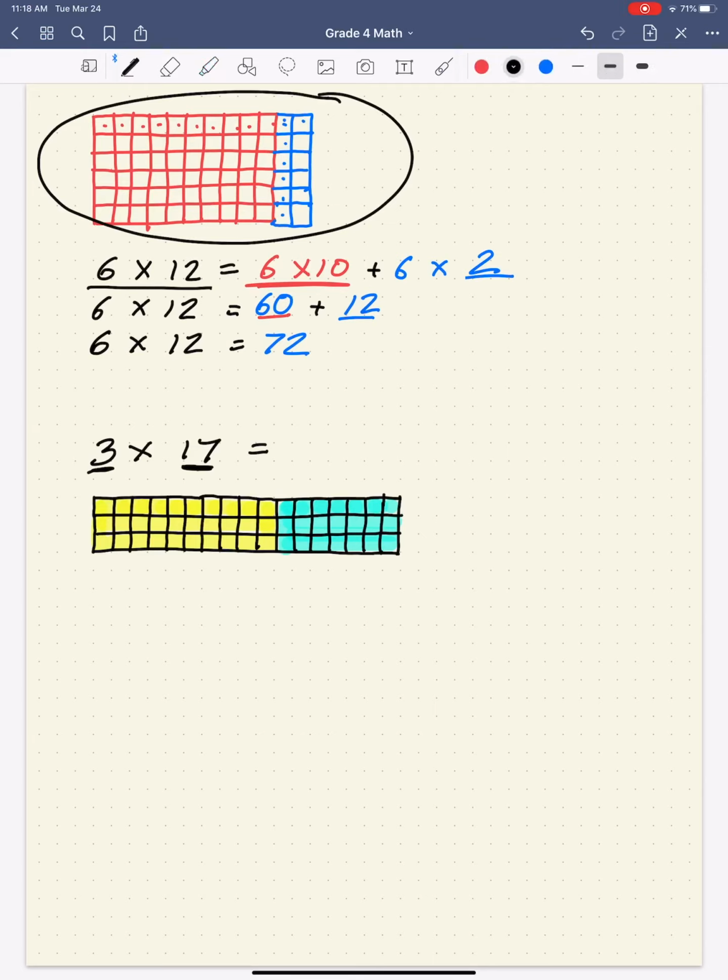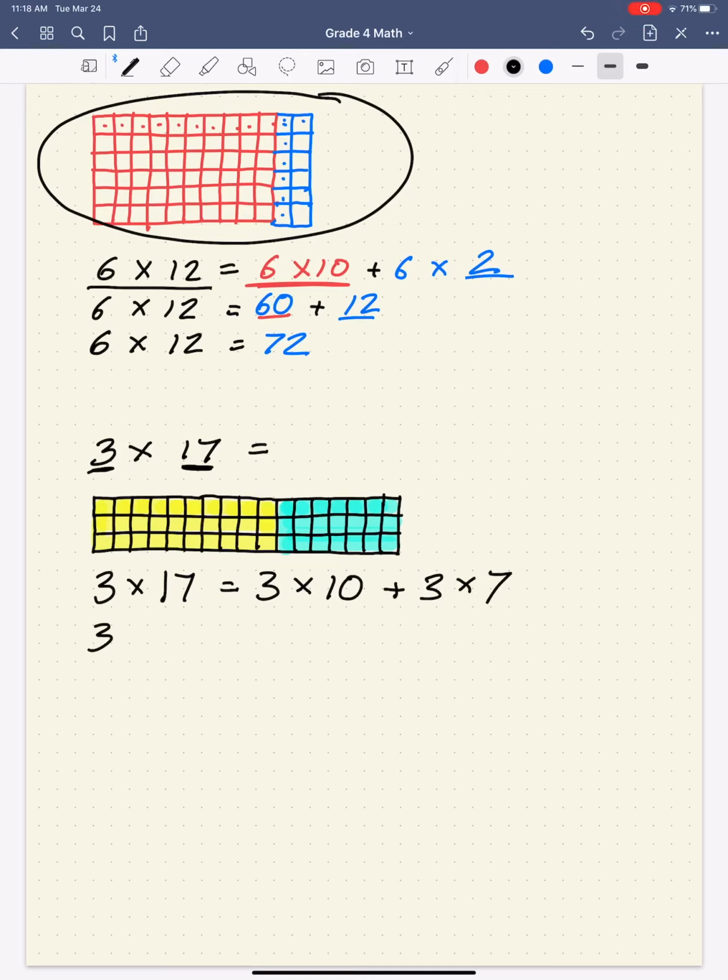So I'm going to write down 3 times 17 equals the yellow array, which is 3 times 10, plus the blue array, which is 3 times 7.